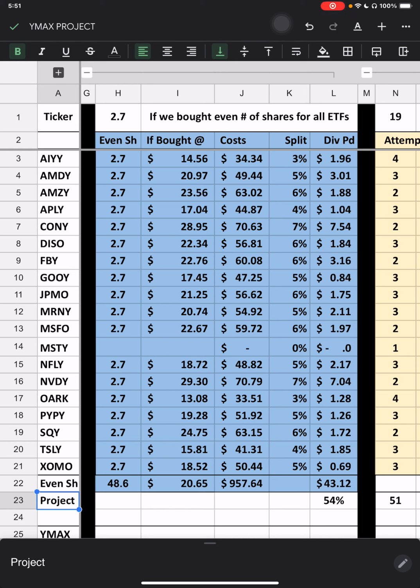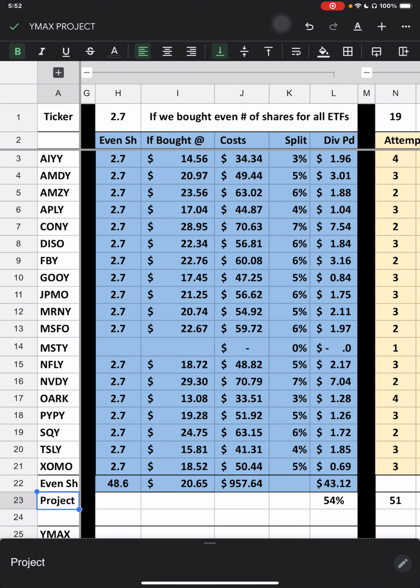But here, this one's just showing an example of 2.7 shares. If you were buying fractional and wanted it to be evenly bought here, that's about what it worked out to be. And this is to make it comparable to the 950 something, of course.